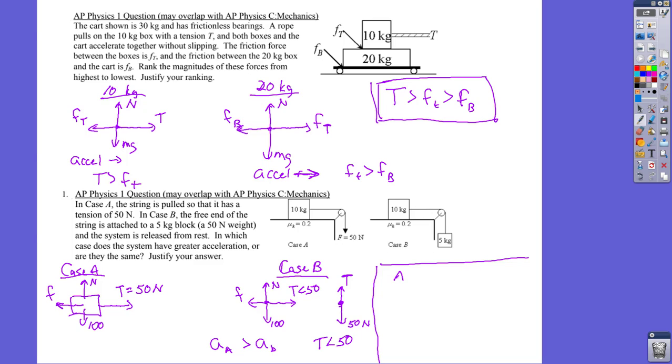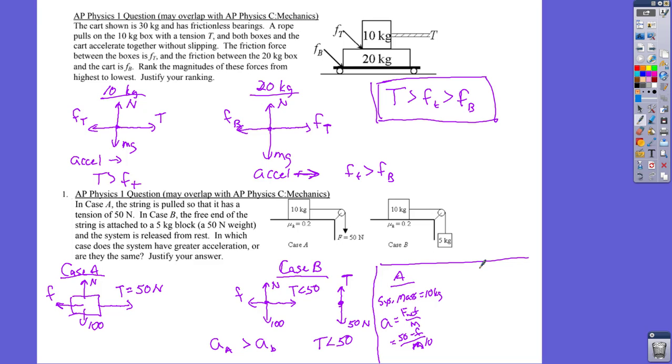In case A, the mass of the system is equal to 10 kilograms, and the acceleration of the system is F net over m, so that's going to equal, if you look at F net over here, this is the system, it's going to be 50 minus F, over 10.